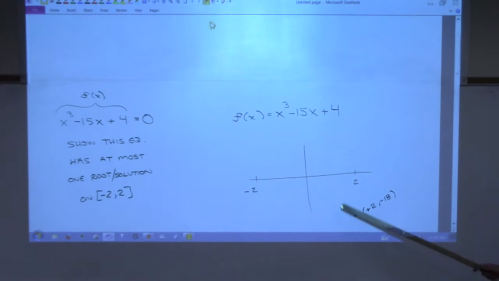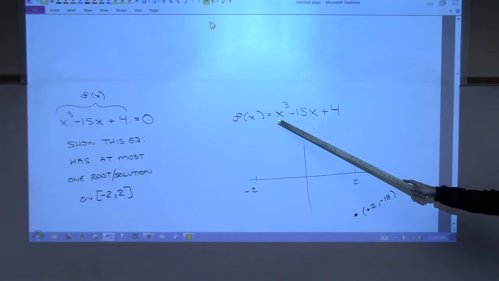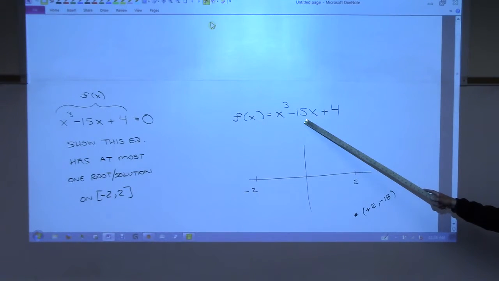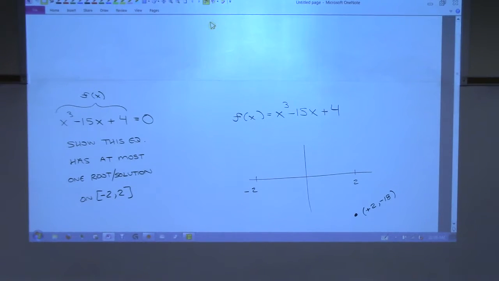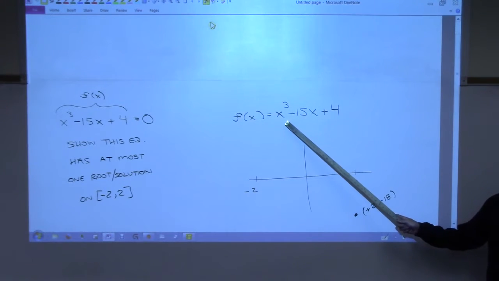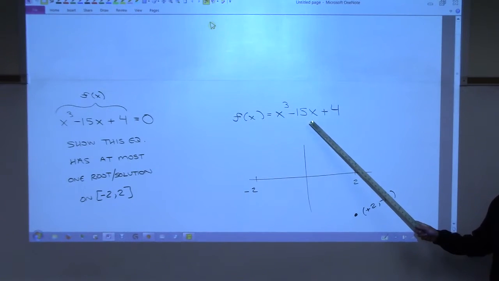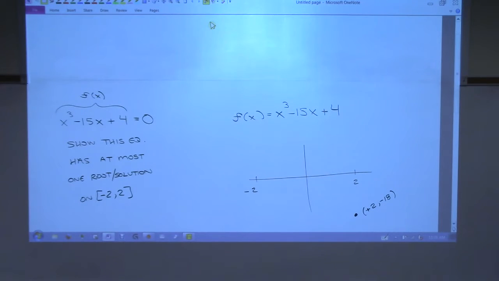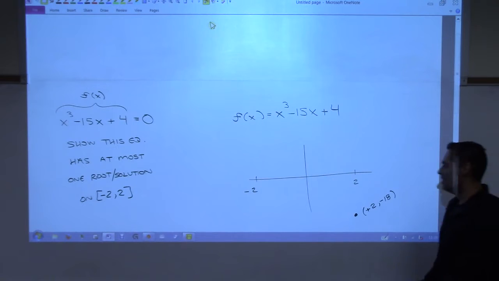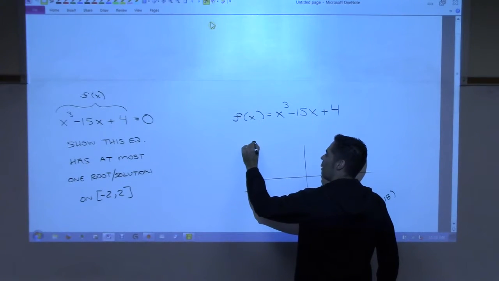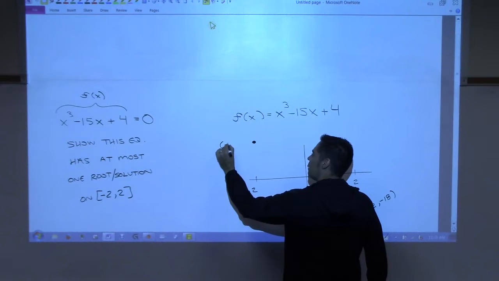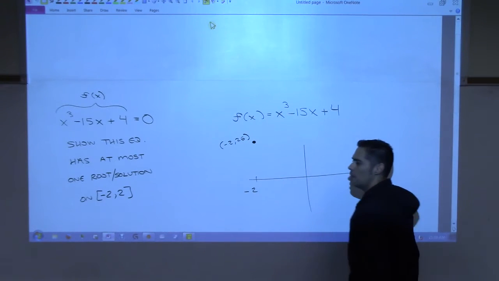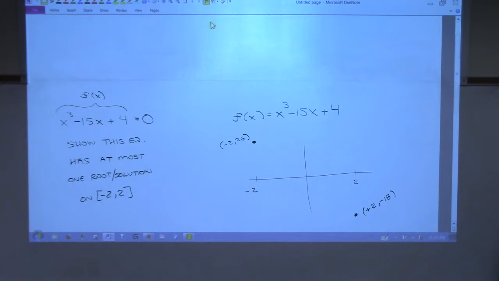What happens if you plug in -2 into this? -2 cubed is -8 plus 30 plus 4. What's that? 34 minus 8 is 26. So we'd be up here at the point -2, 26. Y'all got that?